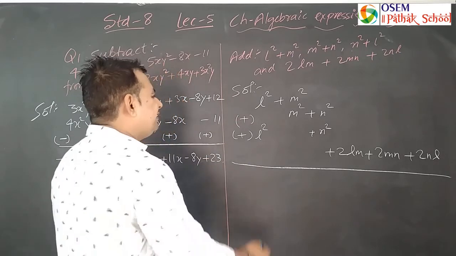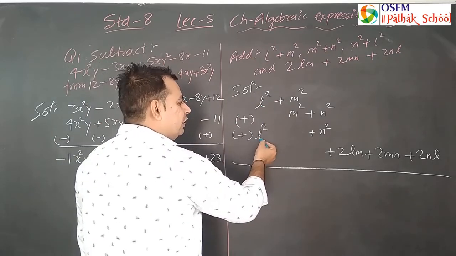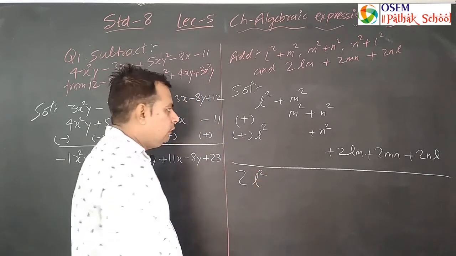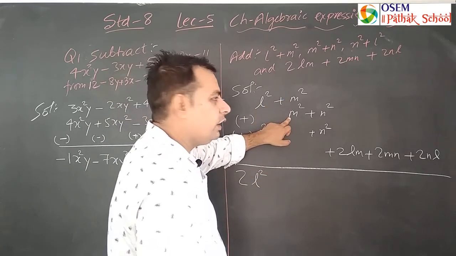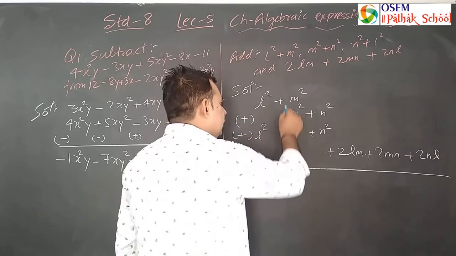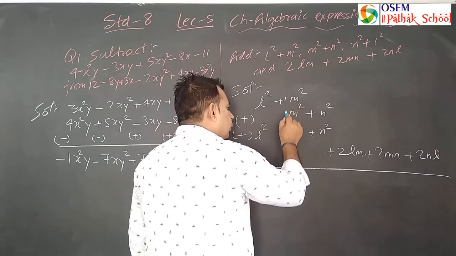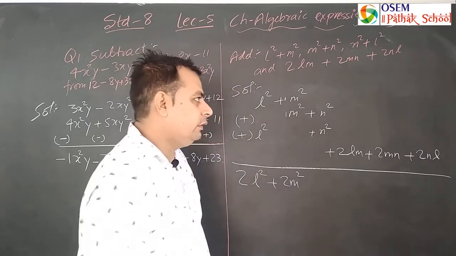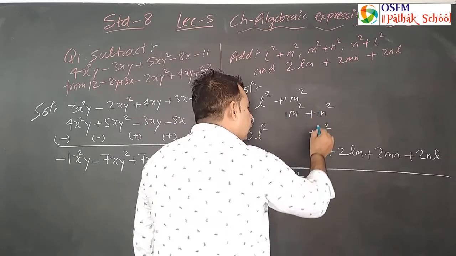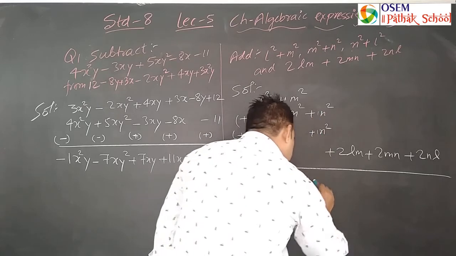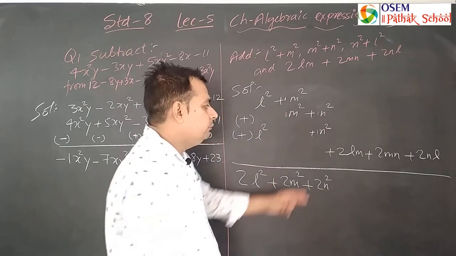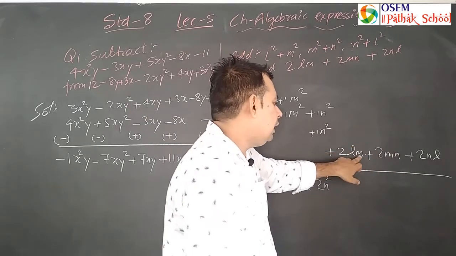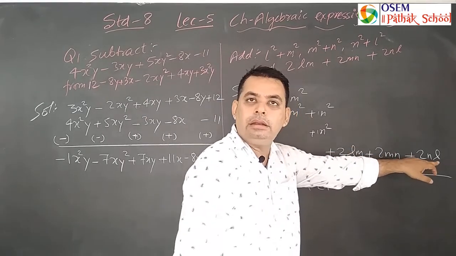Now you can clearly see l square plus l square. There is 2l square. Then n square plus n square: if there is nothing, it is 1 over here. 1 plus 1, 2 n square. Same over here, 1 plus 1, 2 n square. And these are unlike terms: ln, mn and nl.